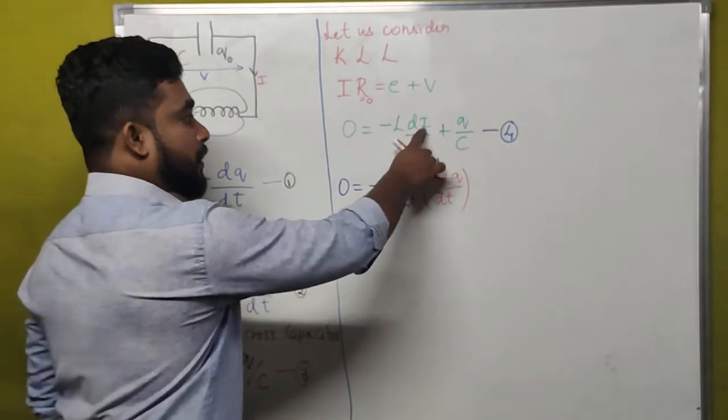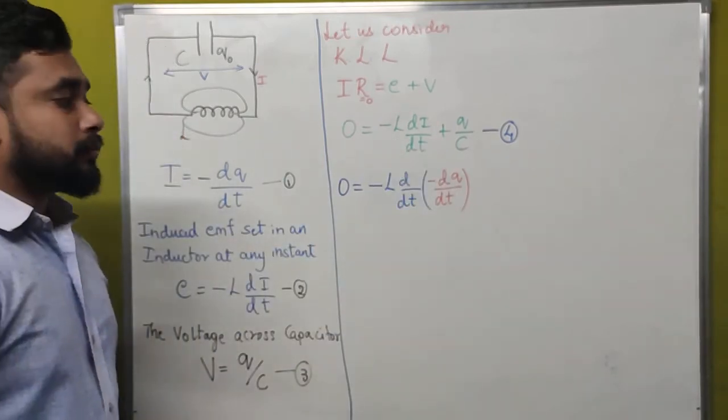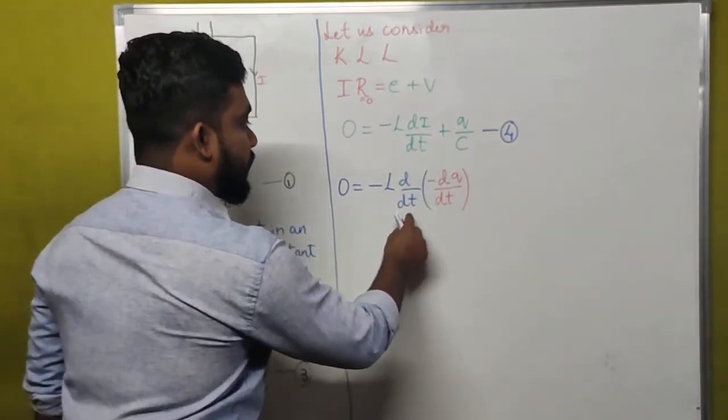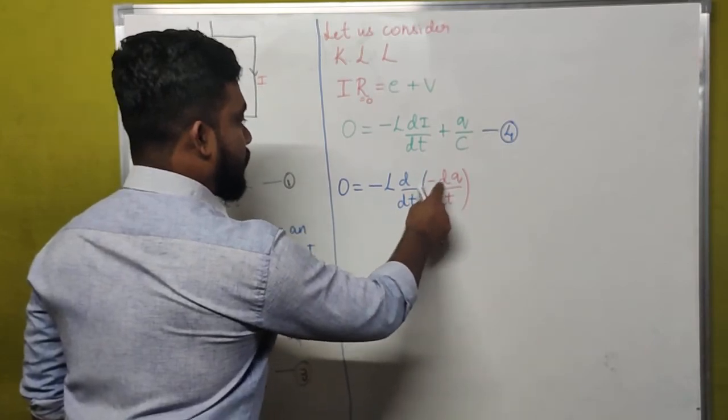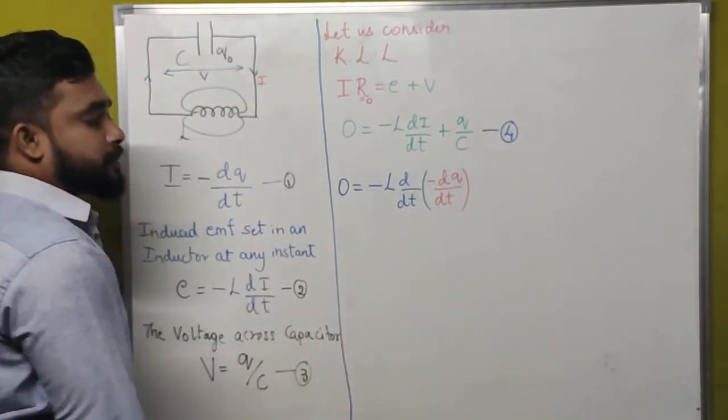This is the expression for current. Minus L d divided by dt into minus dq divided by dt. Here we have the expression.